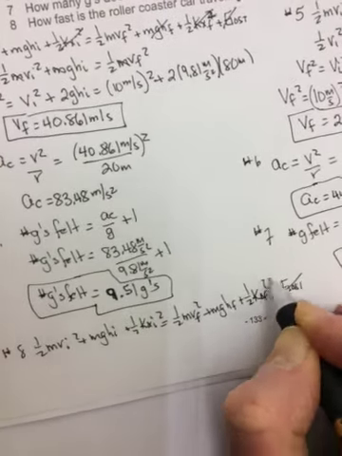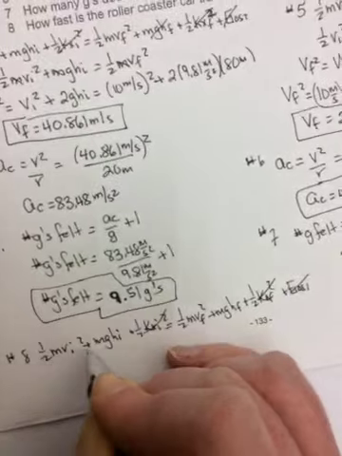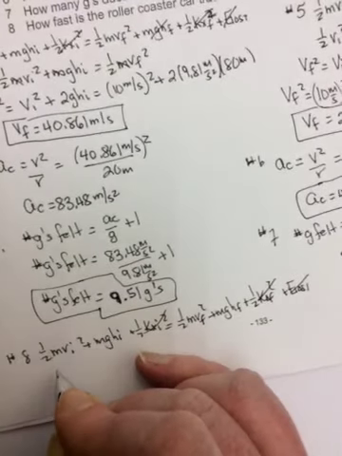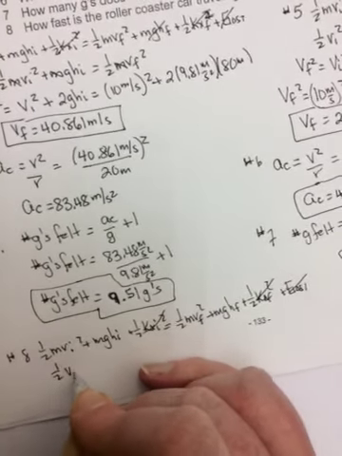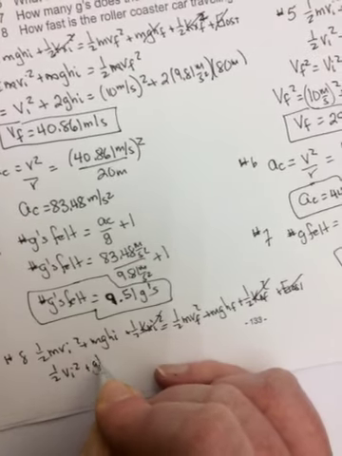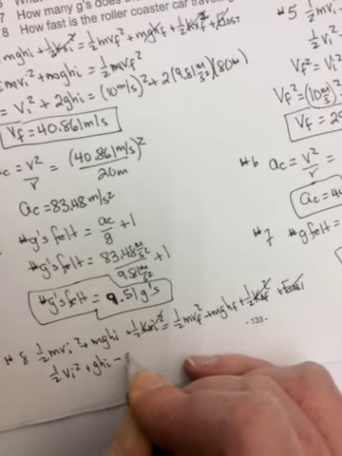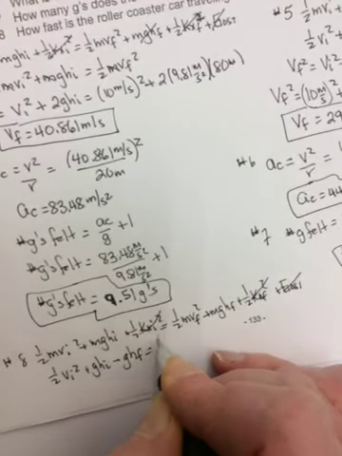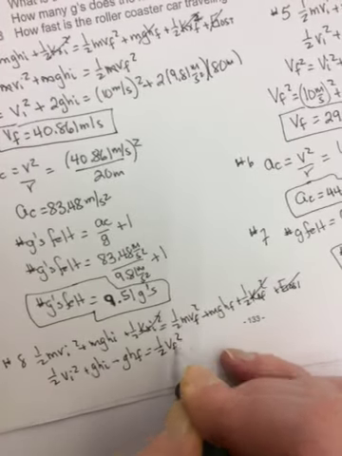So still no E lost, still no spring. If we use the first term again, all these stay. So it'll be 1/2 V initial squared plus GHI minus GHF equals 1/2 VF squared.